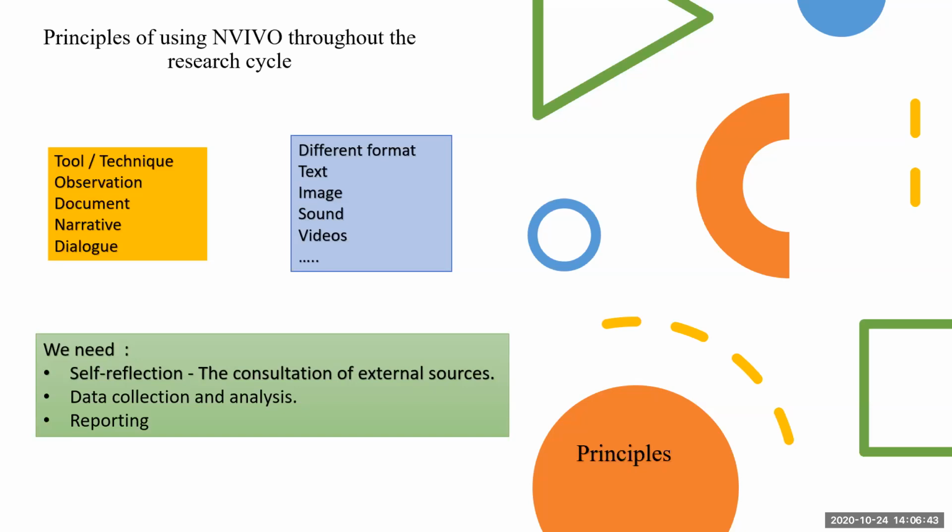Also, open questions provide us with a lot of information. The data that we receive have different formats. It can be text, it can be images, sometimes sounds if we are recording the interviews, and it can also be videos in observation. All of these things we can deal with by using NVivo.